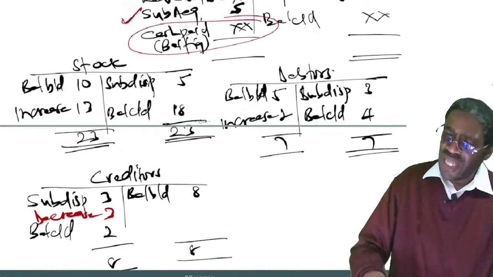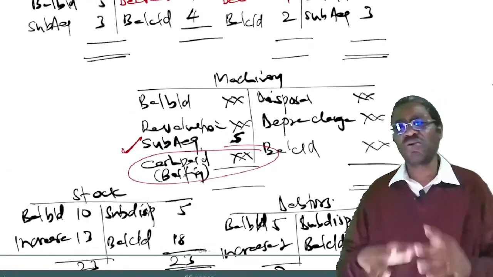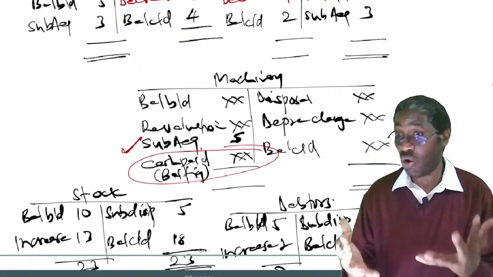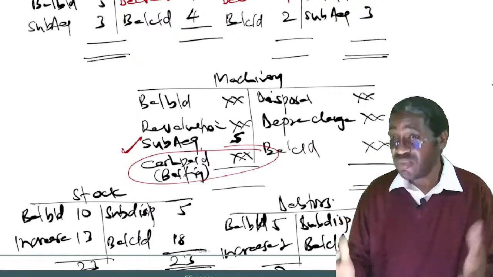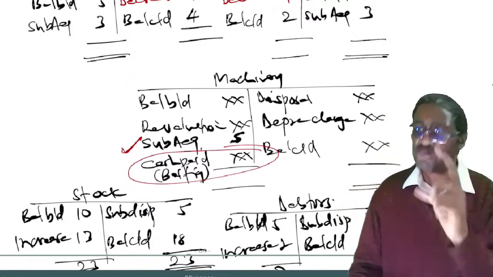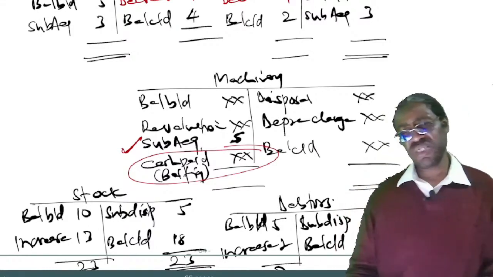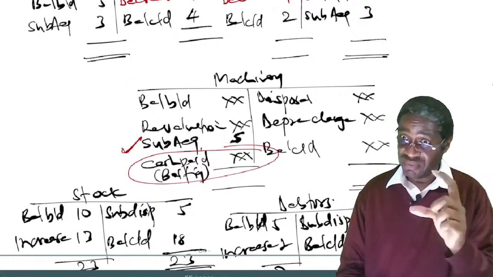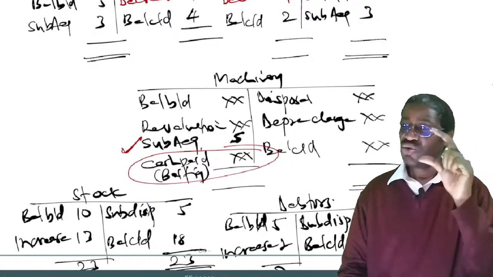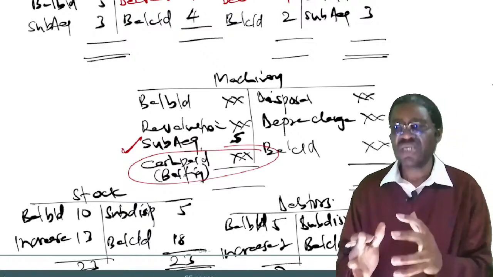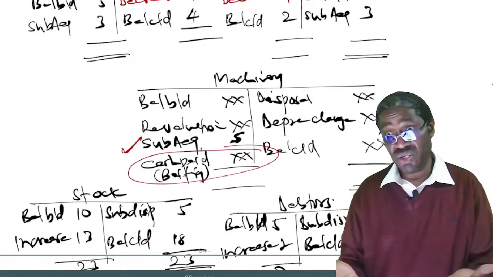When you're analyzing the account of machinery or motor vehicle or furniture or whatever fixed asset they are calling it, and it is a question where you disposed a subsidiary company, you want to know how much as a group did we pay to buy more machinery during the year.